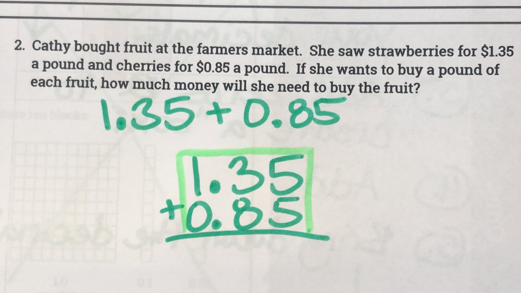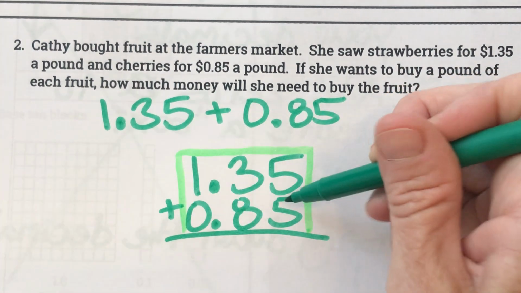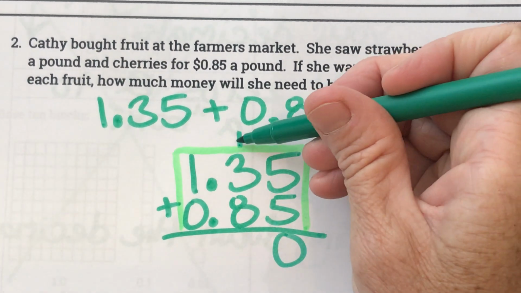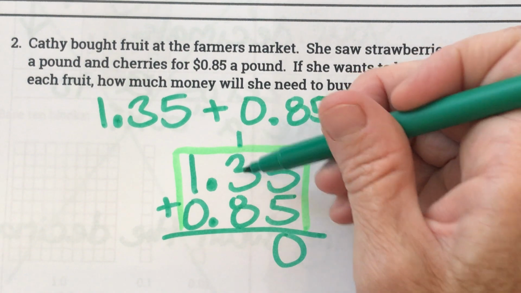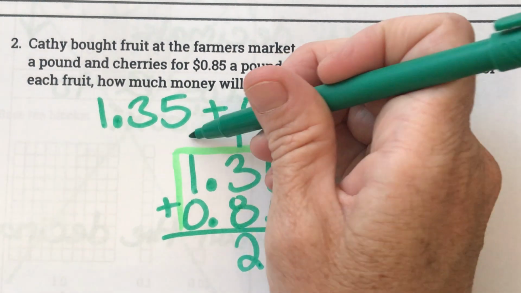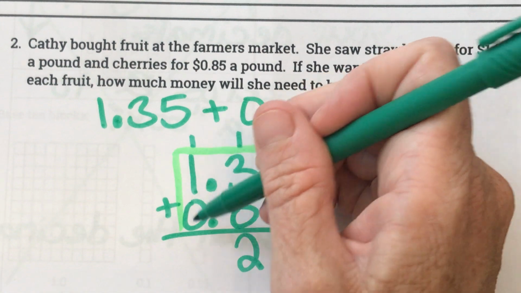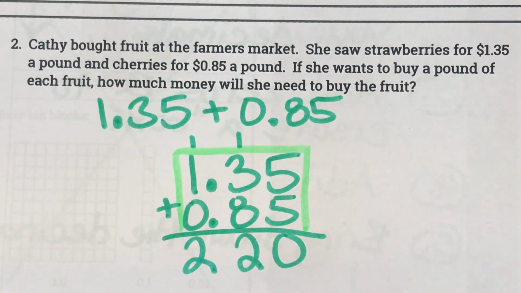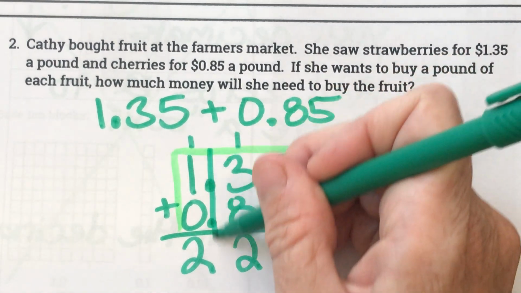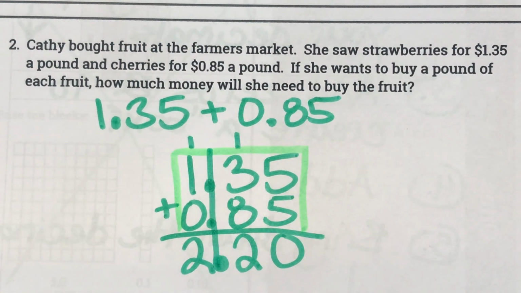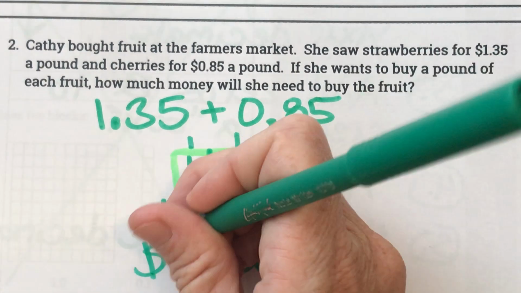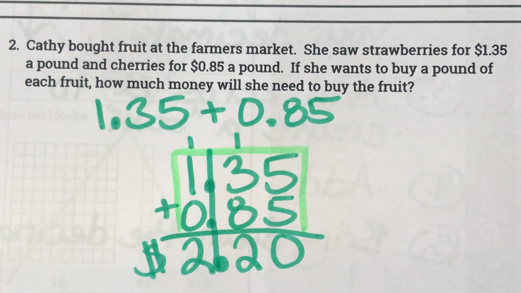Step 4 says let's add. 5 plus 5 is 10. 1 plus 3 is 4, plus 8 is 12. 1 plus 1 is 2, plus 0 is 2. And step 5 is bring down your decimal. So she would be spending $2.20 if she wanted to buy a pound of cherries and a pound of strawberries.